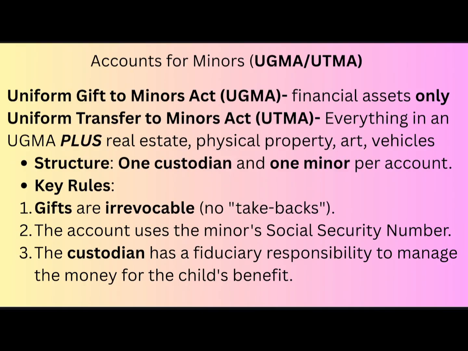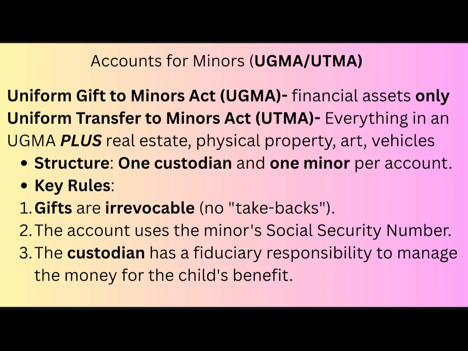A few key points regarding UTMA. An account may have only one custodian and one minor or beneficial owner. Only an individual can be a custodian for a minor's account.